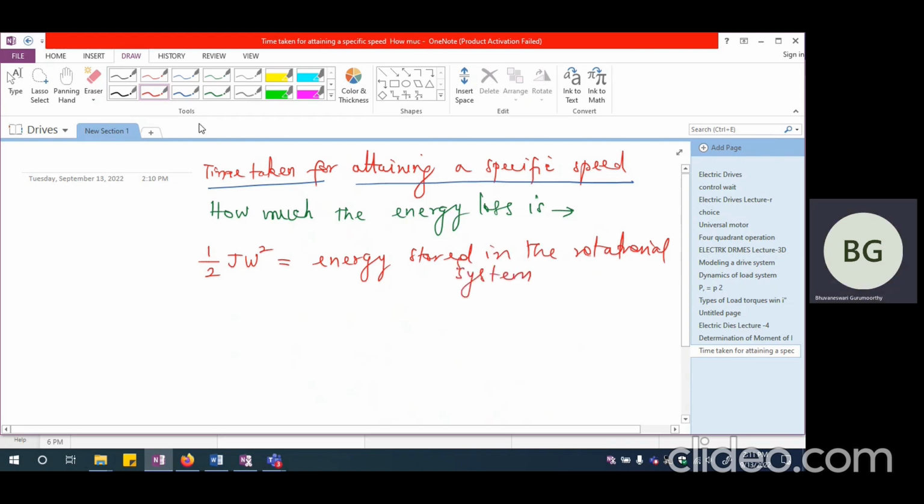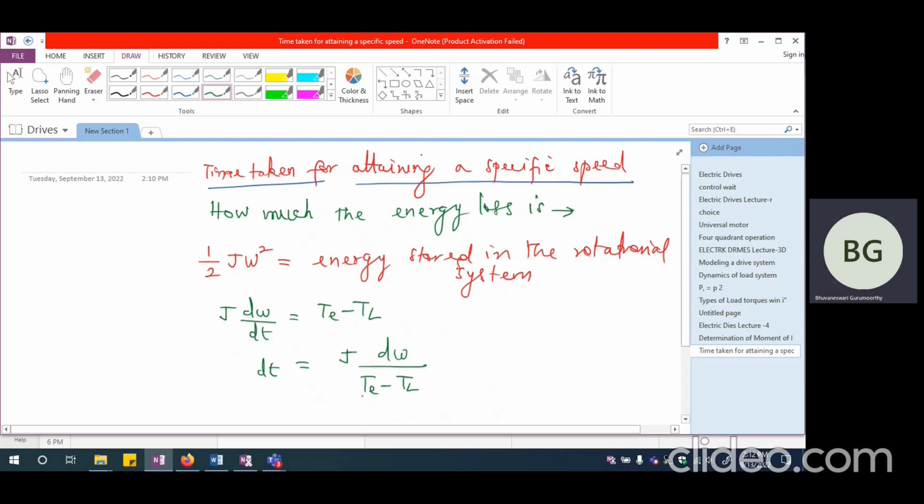And if I am looking at the mechanical equation, which says J d omega by dt equal to Te minus TL, I should be able to write this as dt equal to J d omega divided by Te minus TL.